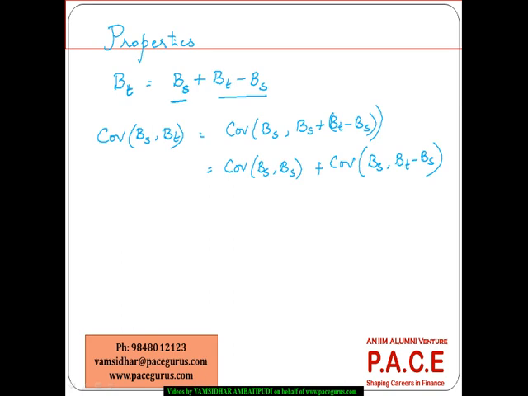Now we know the covariance between Bs and Bs is the variance of Bs, and Bs and Bt minus Bs are independent. If it is a Brownian motion, one of the properties says the increments are independent, so the covariance between them is 0.